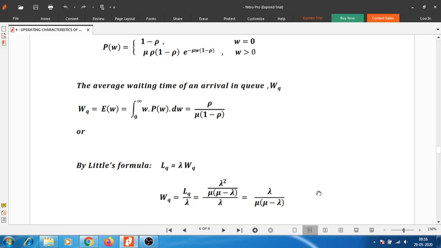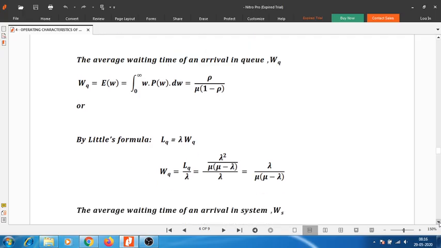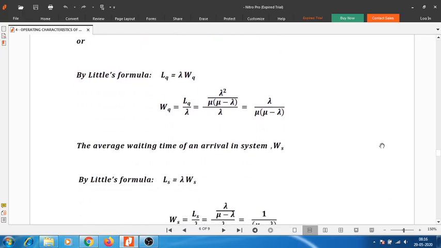So LQ is equal to lambda into WQ, so WQ is equal to LQ by lambda. Simplifying that value, it is lambda into mu by lambda, divided by mu into (mu minus lambda), after simplification.